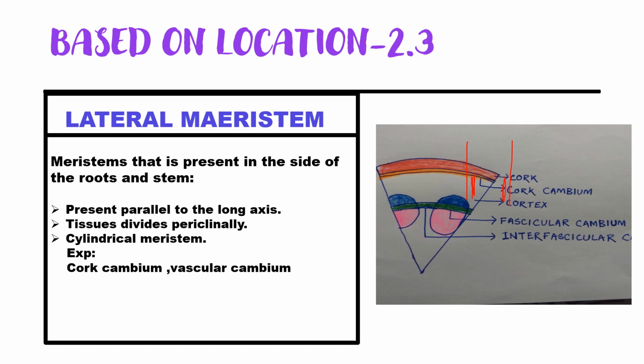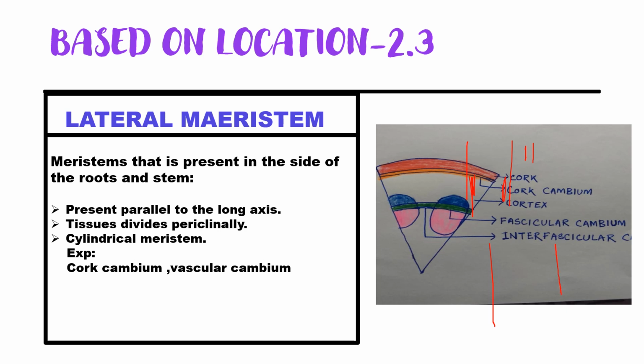This lateral meristem divides periclinally to increase the girth of the plant. Because of this division, the diameter of the plant increases. So they mostly add to the girth of the plant.